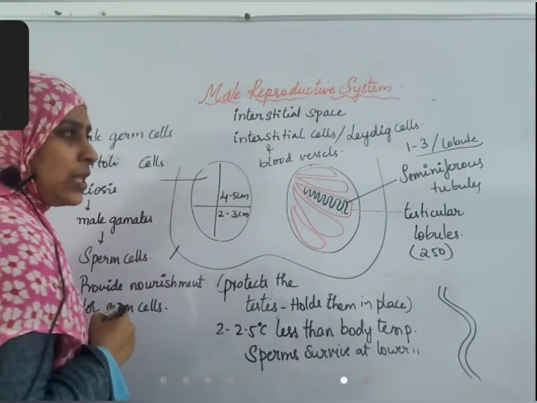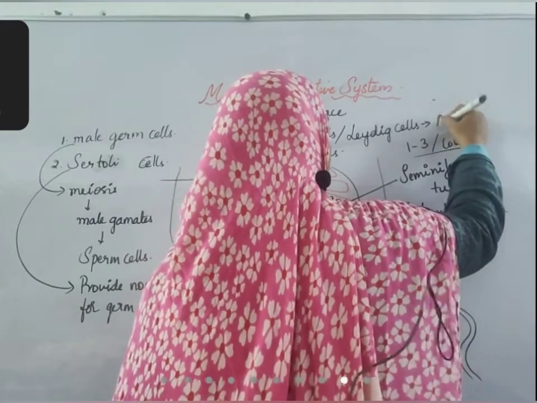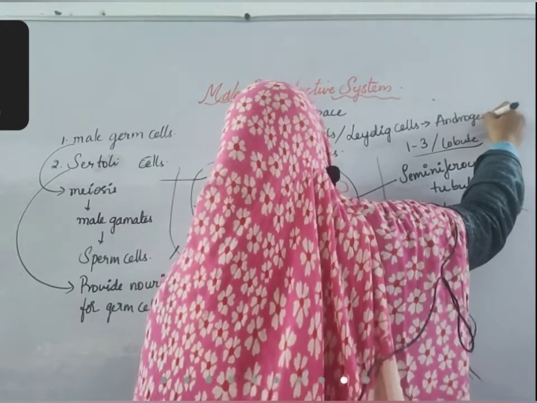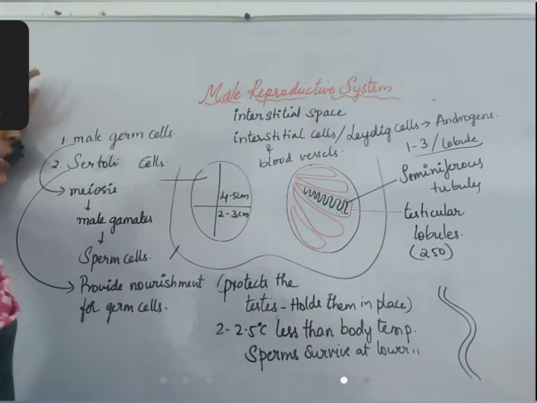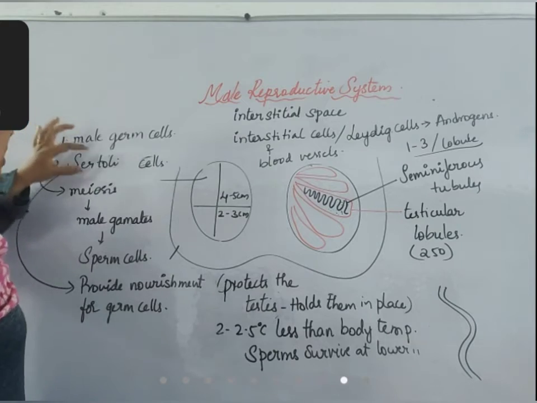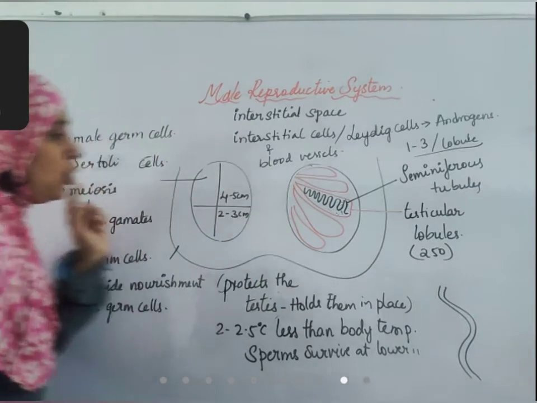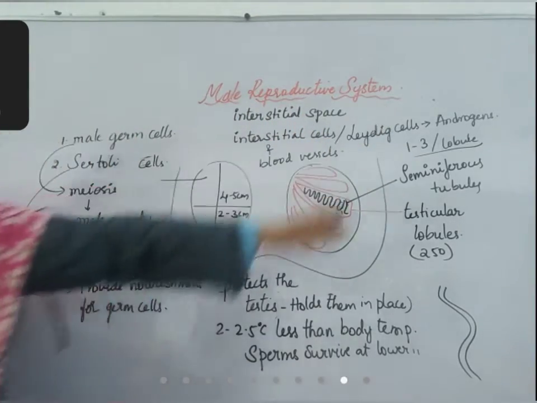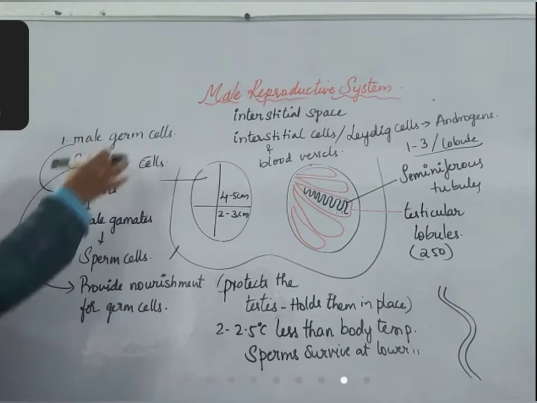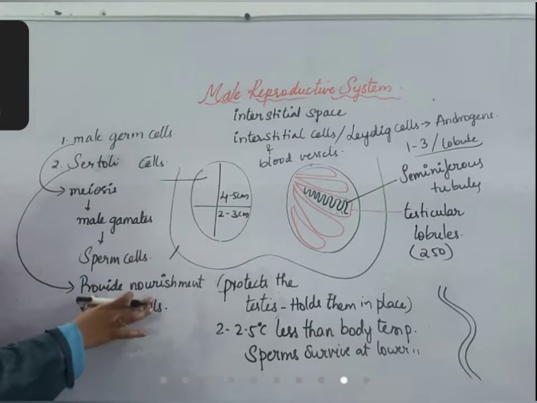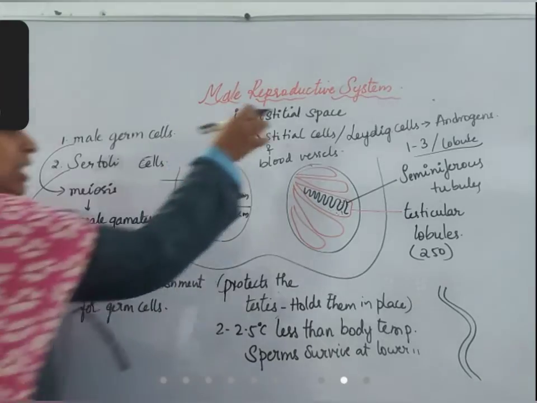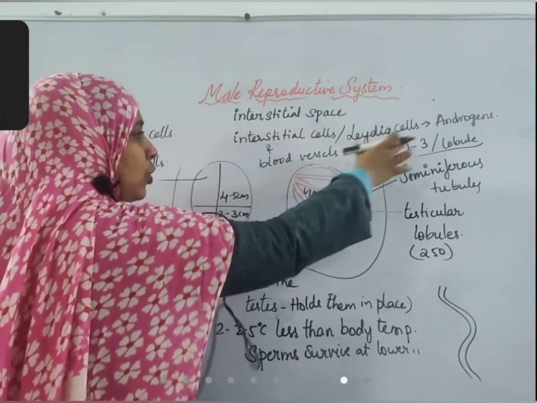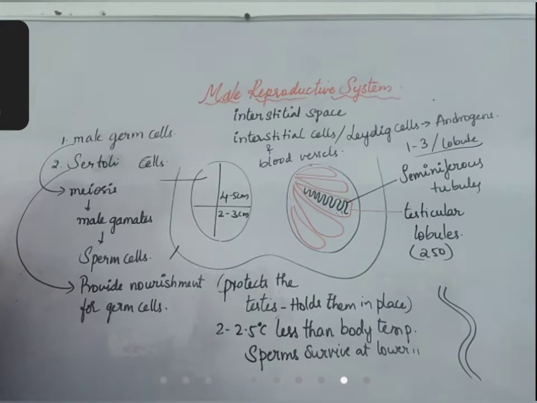Leydig cells produce androgens, which are male hormones. So, three types of cells are present in testicular lobules: germ cells, Sertoli cells, Leydig cells. Germ cells and Sertoli cells make the seminiferous tubules, and in the interstitial space, Leydig cells are present. Germ cells produce sperm cells. Sertoli cells provide nourishment for germ cells. Leydig cells produce androgens. Okay, that is about the testis.